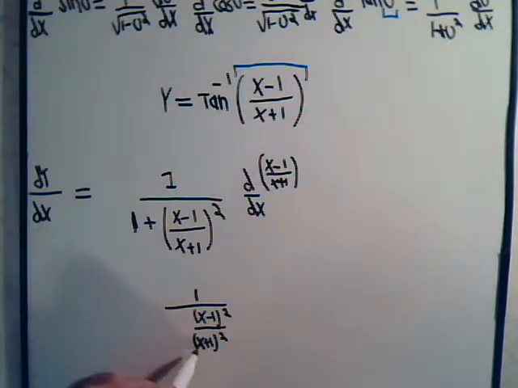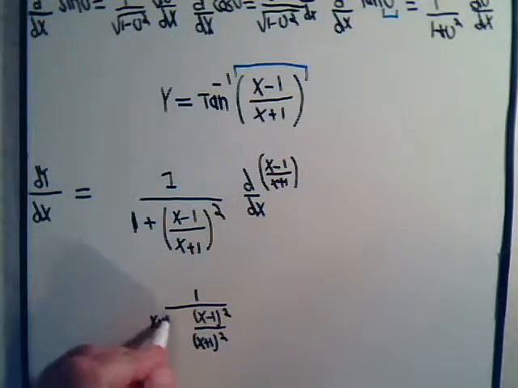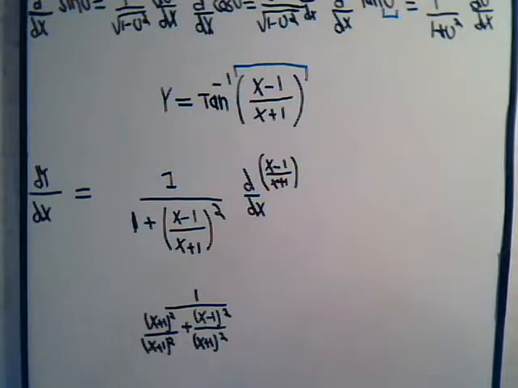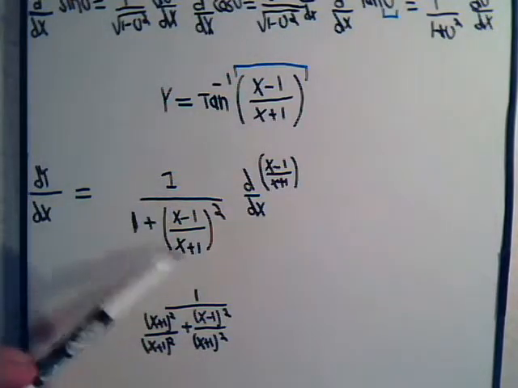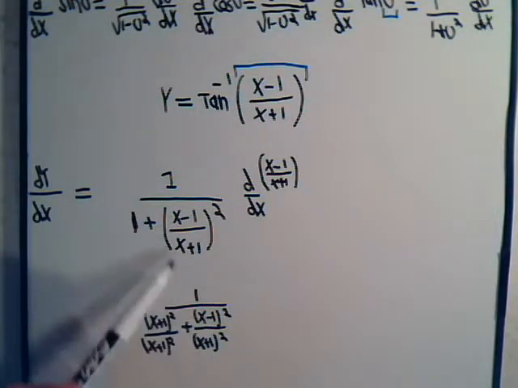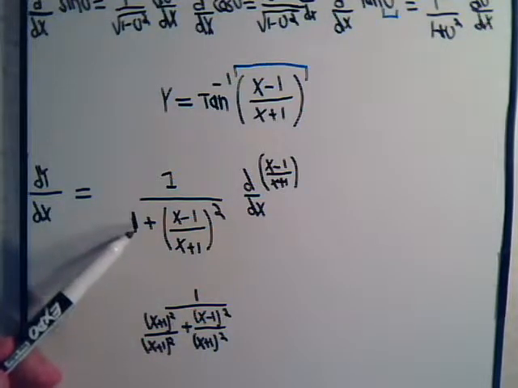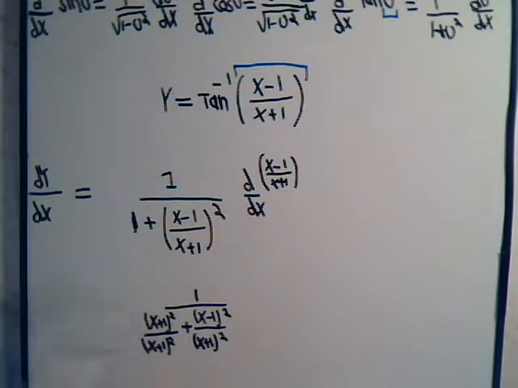Since this is in the denominator, let's write 1 like this, x plus 1 squared divided by x plus 1 squared. So I have this quantity squared, which is this numerator squared, divided by this denominator squared, and I have to add 1 to it. And this is 1.